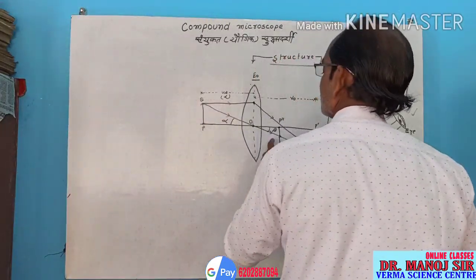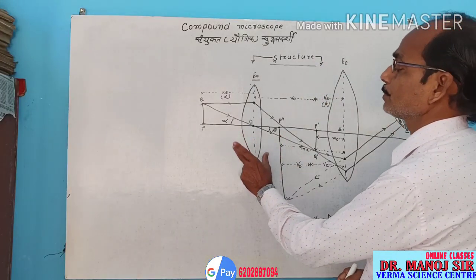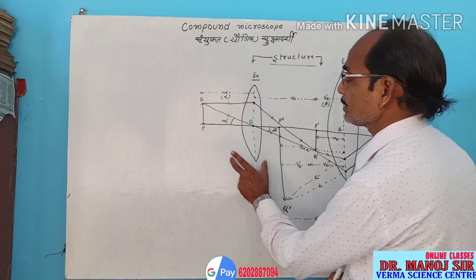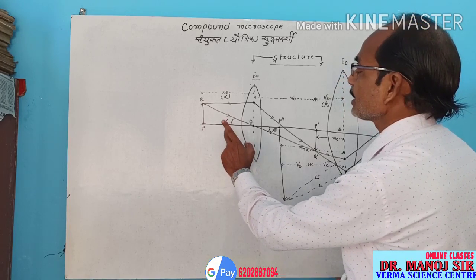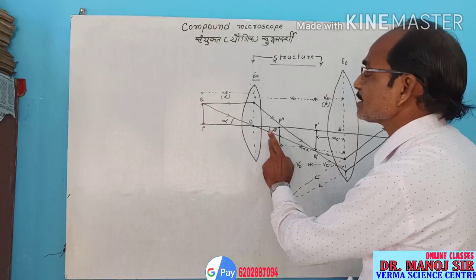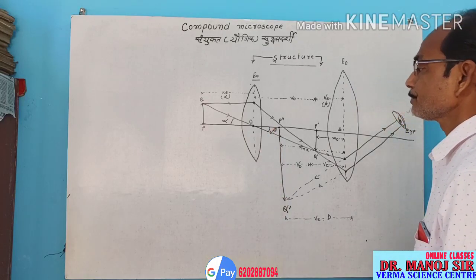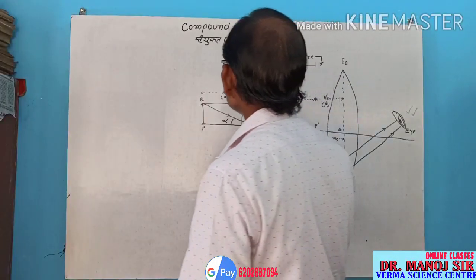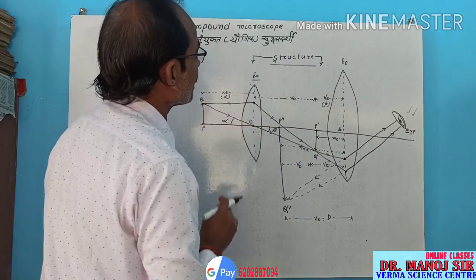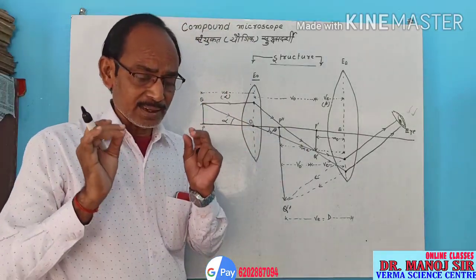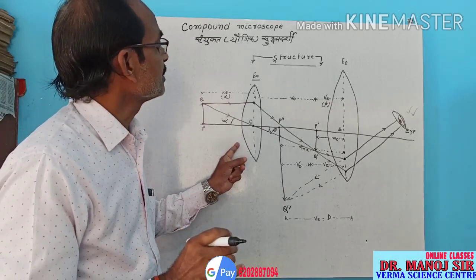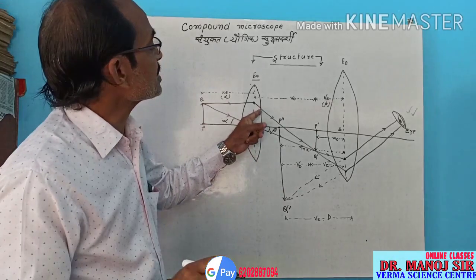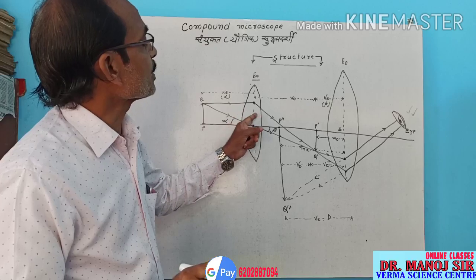Here you have to be very attentive to know about this angle is equal to this angle. Here alpha and beta is the little and very few smallest angle due to less aperture of the objective piece.